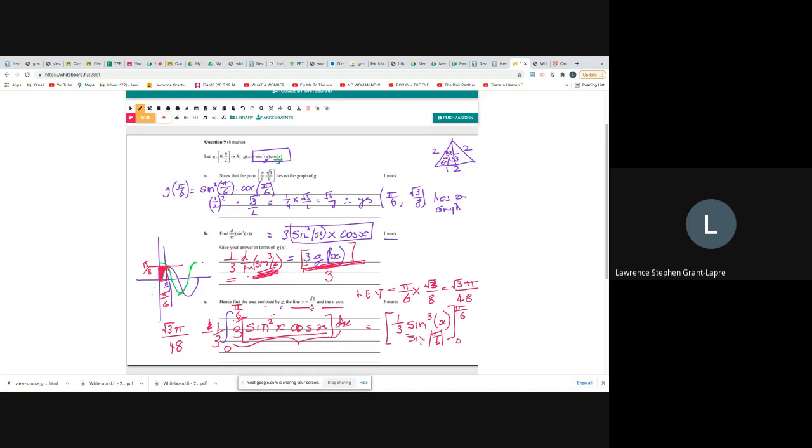And a half cubed is 1/8. So that's 1 over 24. So we've got root 3 pi over 48 minus 1 over 24. I'll make that 2 over 48. So we've got all over 48. It's root 3 pi minus 2. And that is the area.